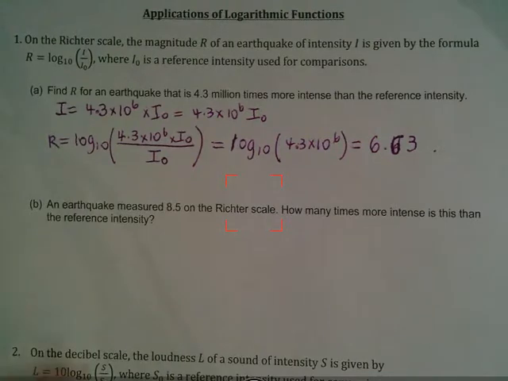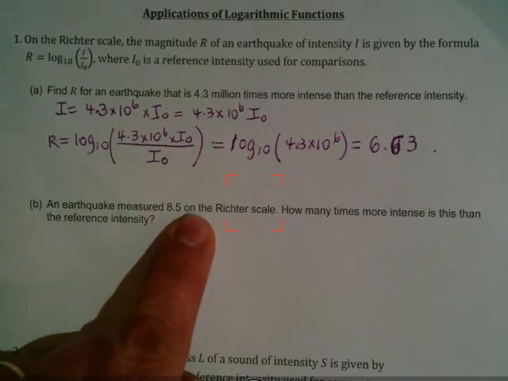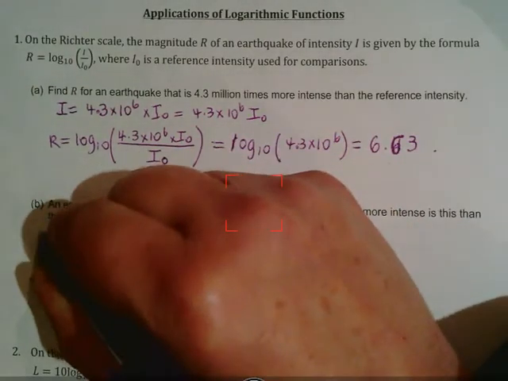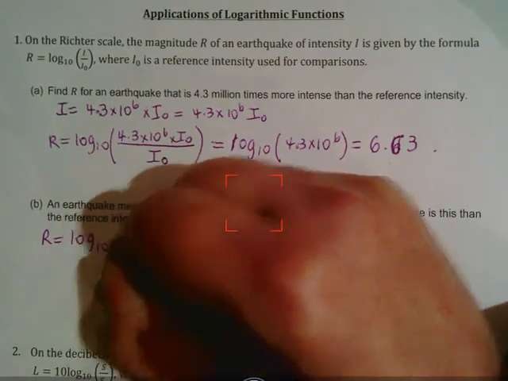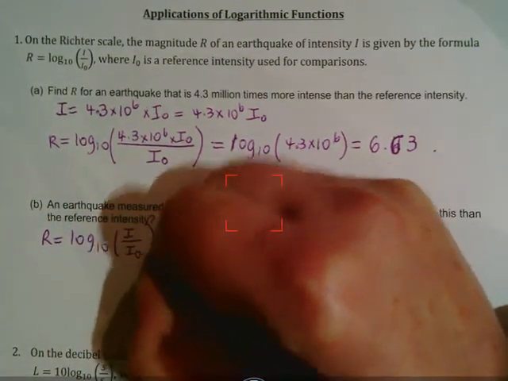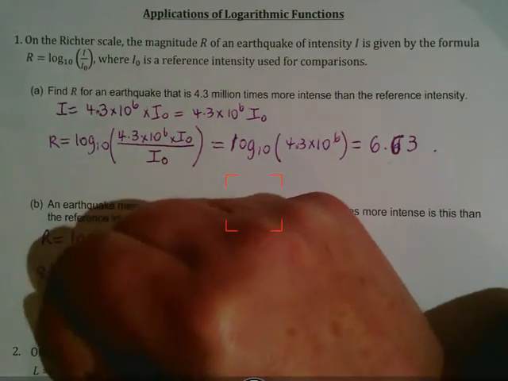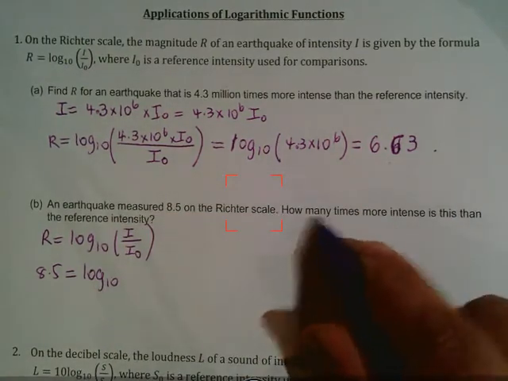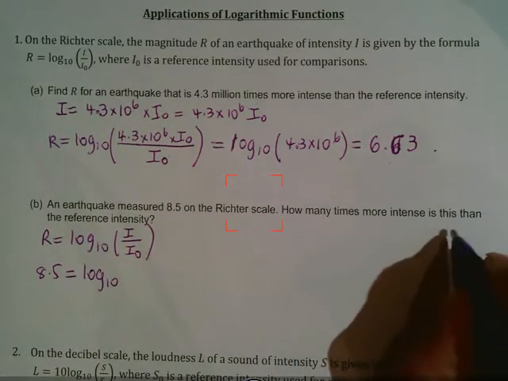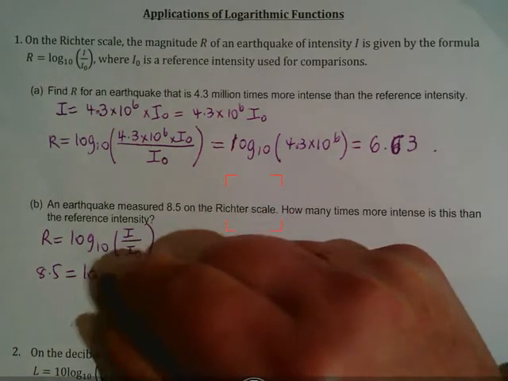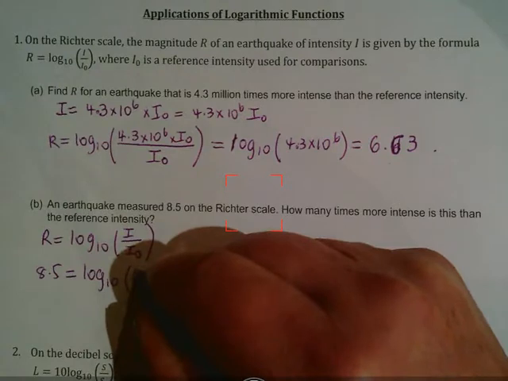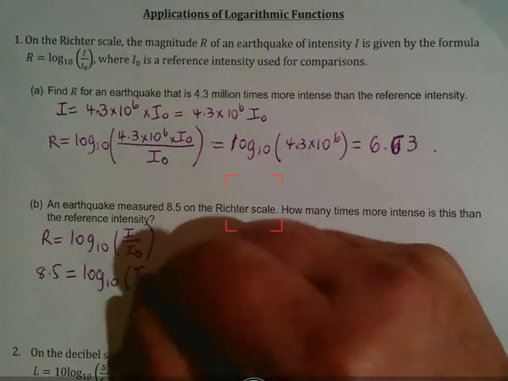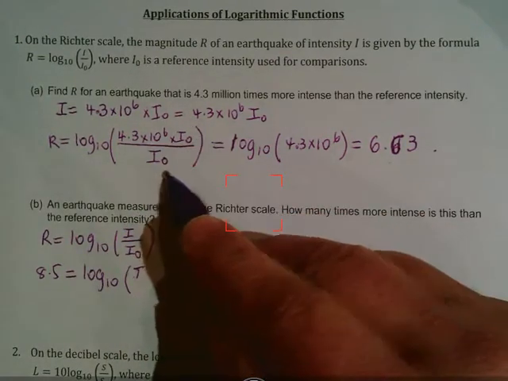Now, question B, it says an earthquake measured 8.5 on the Richter scale, so that's obviously stronger than this earthquake here. So we've got R equals log to the base 10 of I over I sub 0. If it measures 8.5 on the Richter scale, so R is 8.5, the question is how many times more intense is this than the reference intensity? So that equals log to the base 10 of a number like we did before times I sub 0 over I sub 0.